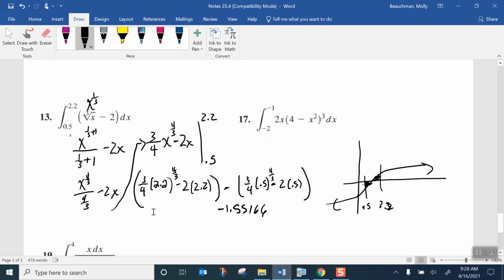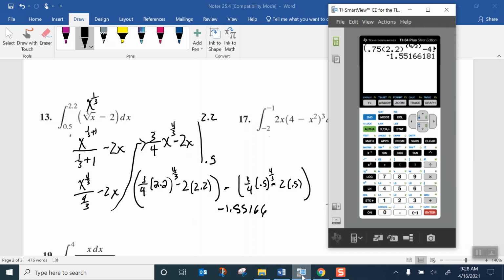So how can we do these a little bit easier or check our work? Your calculator has a finite integral function on it, under the math key, or you can use Wolfram Alpha or an online calculator. Finite integral was under the math key, down to FNINT, finite integral. And then type in, we're going from 0.5 to 2.2.